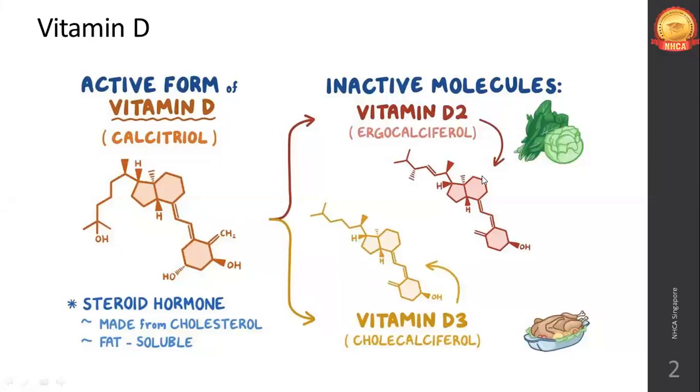So vitamin D in the form of calcitriol is doing the same thing. It is synthesized under your skin, and in its active form it is able to guide the intestines to absorb more calcium and phosphorus. That is a function of vitamin D.